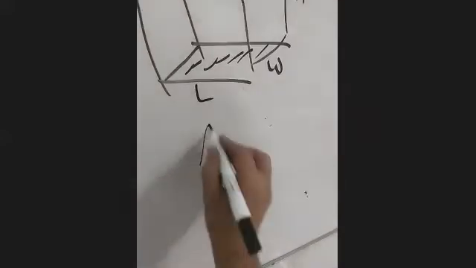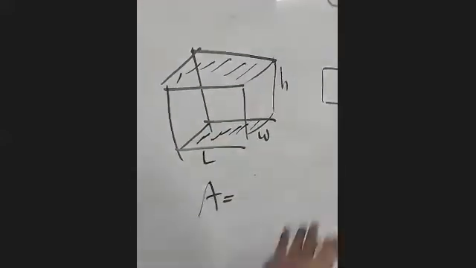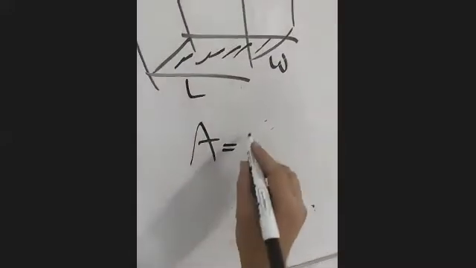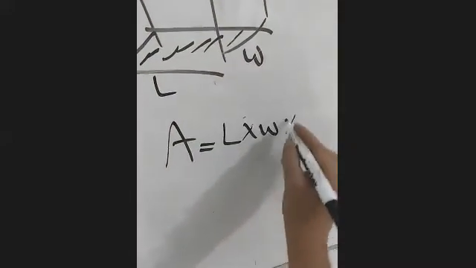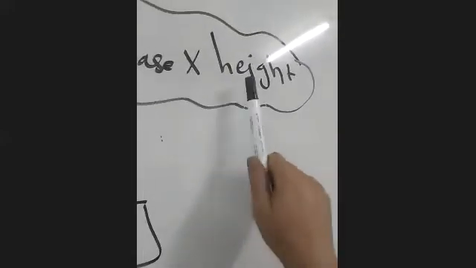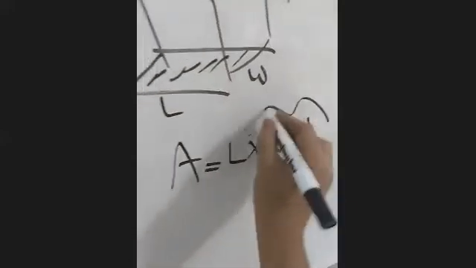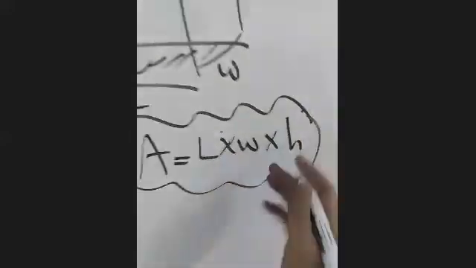Now, the area will be, what's the base? Rectangle. What's the area of the base? Length multiply width. Multiply by the height. Okay? This is the formula for what, guys?